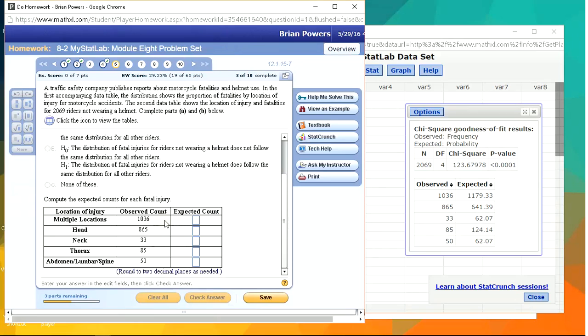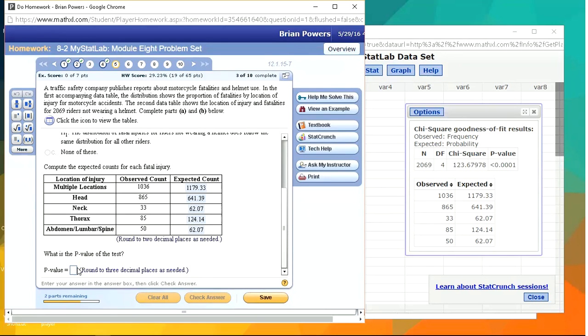What was expected for the first choice, multiple locations, is 1179.33, and then 641.39, 62.07, 124.14, 62.07.